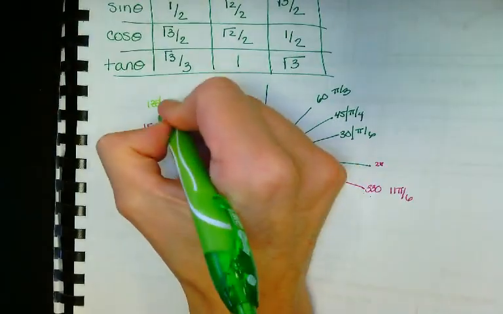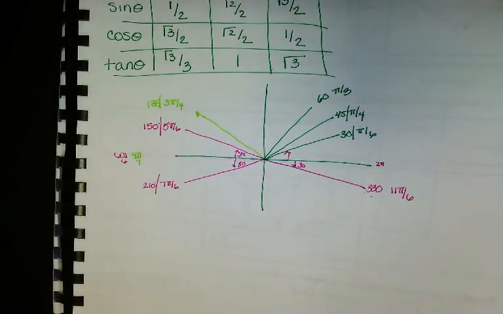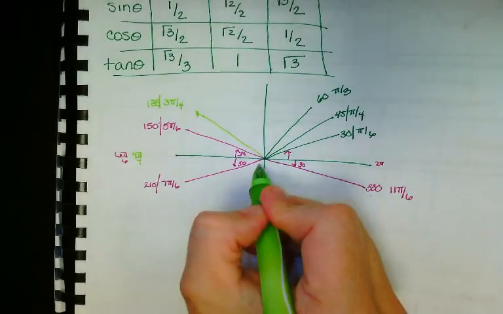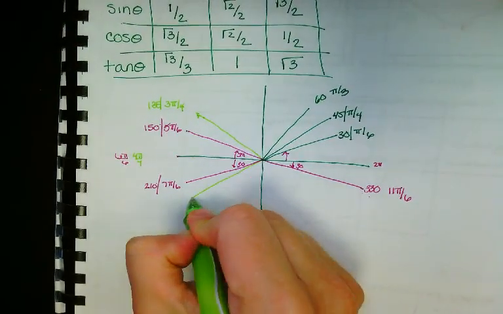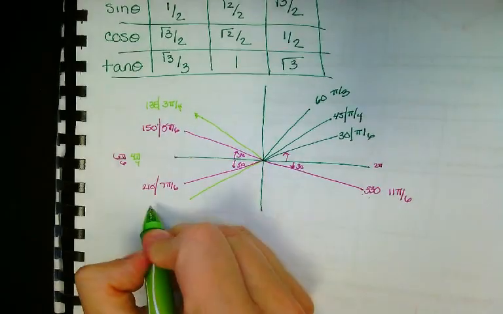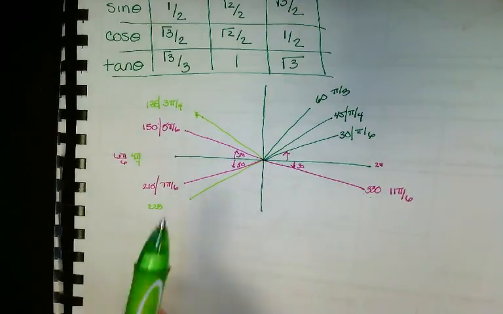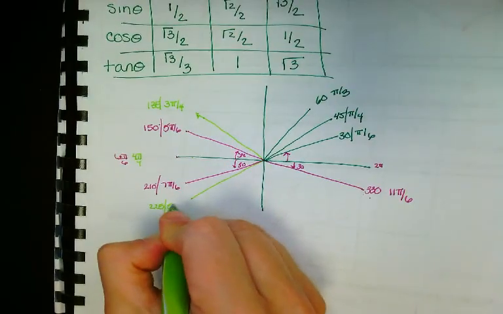So that would make this 3 pi over 4. If I go 45 this way, that's 180 plus 45, or 225. If that's 4 pi over 4, that's going to make this 5 pi over 4.